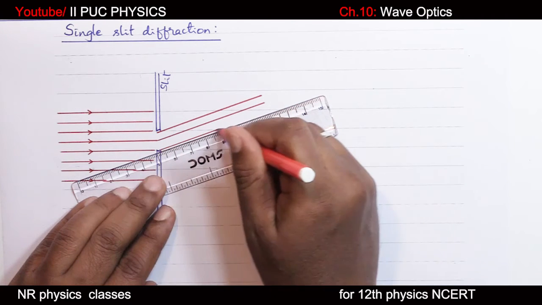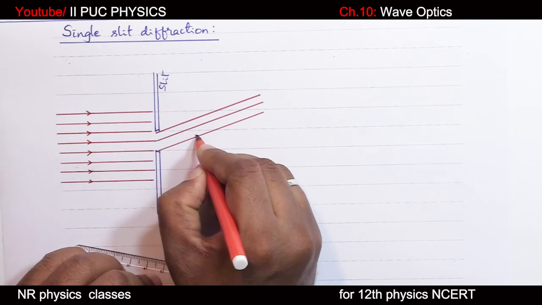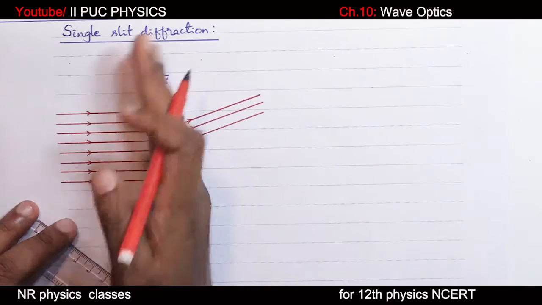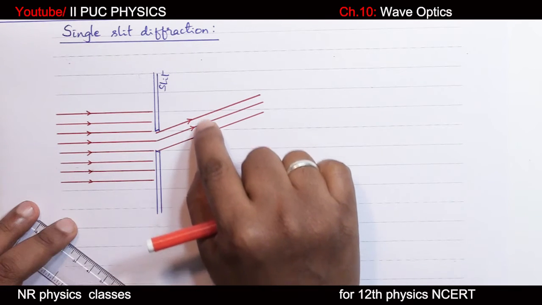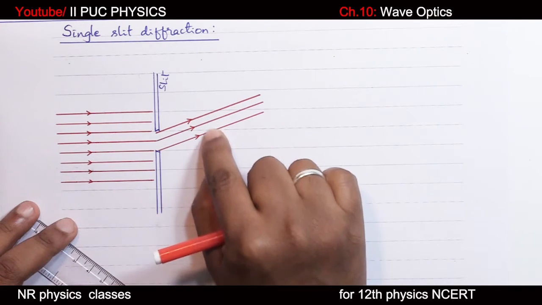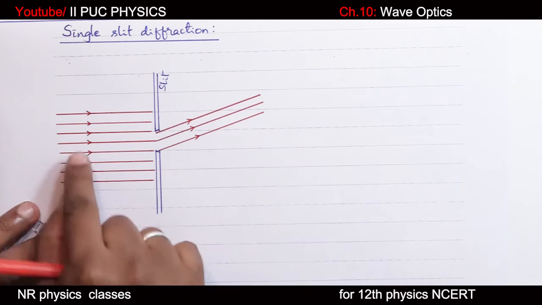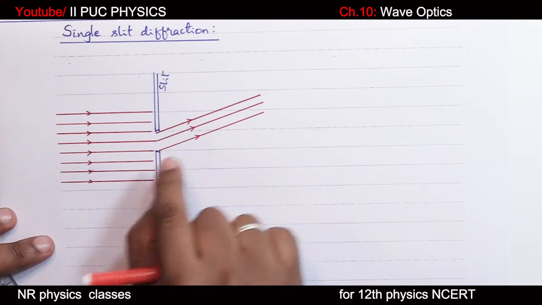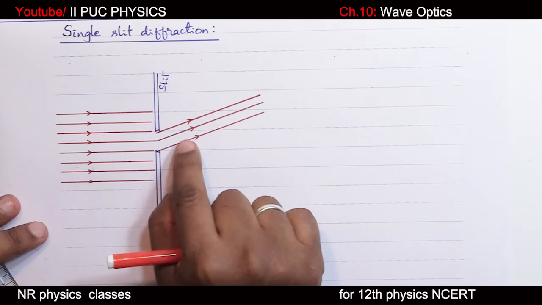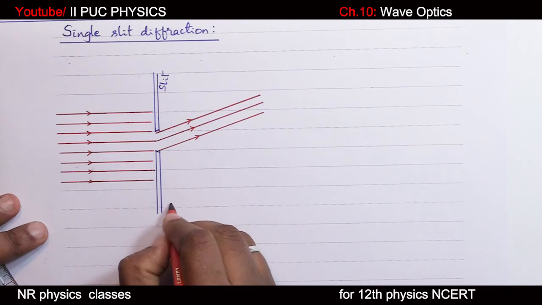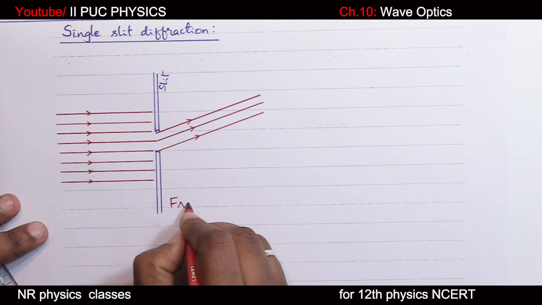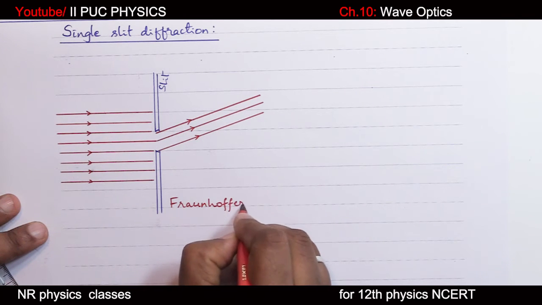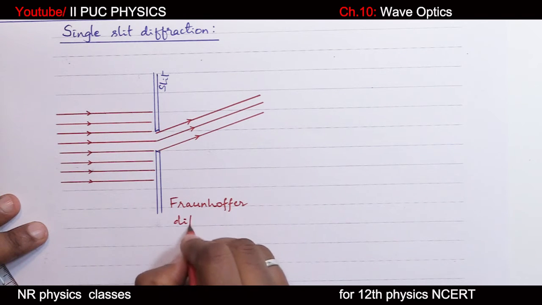Since the distance of the screen from the slit is more, students, please understand, these diffracted rays must be parallel to each other. See, incident is parallel, diffracted rays are also parallel, which means this is a special type of diffraction called Fraunhofer diffraction.